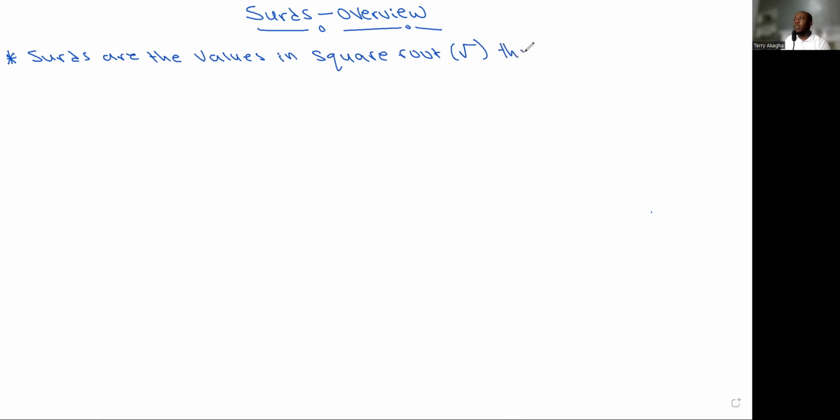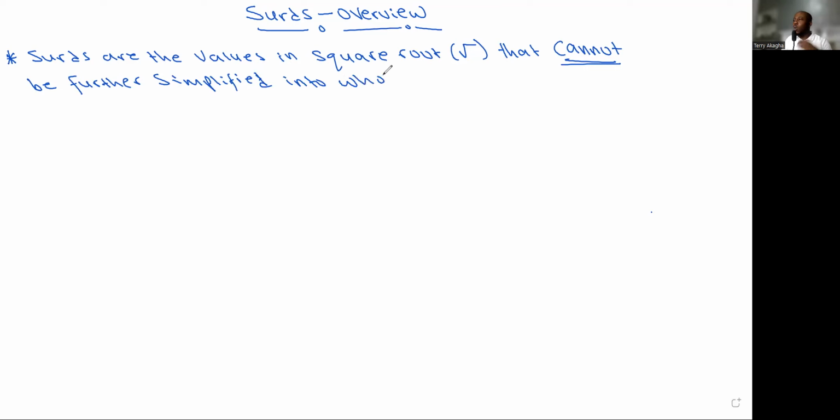The key word you need to keep in mind is that they cannot be represented or be further simplified. So these are numbers that cannot be further simplified into whole numbers.